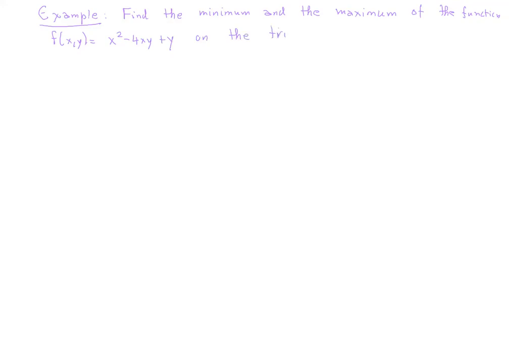As our example, let's find the minimum and the maximum of the function f of x, y is equal to x squared minus 4xy plus y on the triangle, including the interior, with vertices (0, 0), (0, 2), and (1, 0).